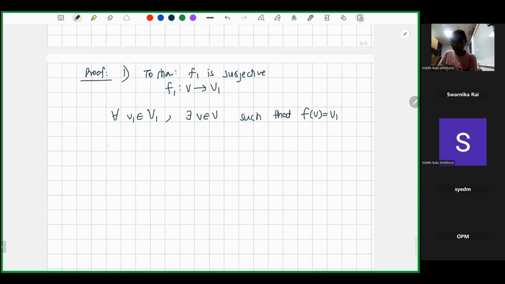But note that for this v1, the pair (v1, 0) belongs to V1 cross V2, right?